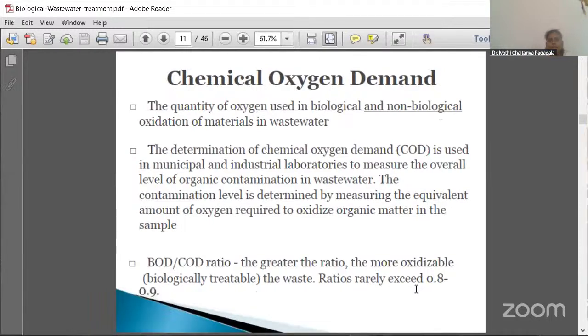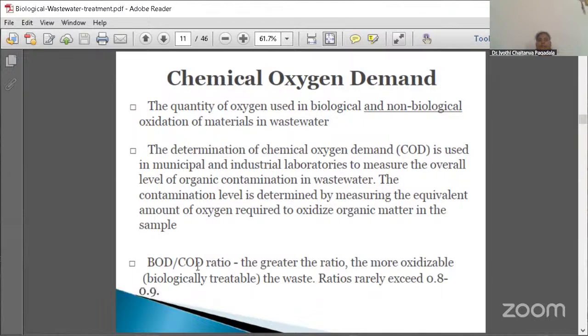Wastewater analysis, like the determination of chemical oxygen demand, is used in municipal and industrial laboratories to measure the overall level of organic contamination in wastewater. The contamination level is determined by measuring the equivalent amount of oxygen required to oxidize organic matter in the sample.